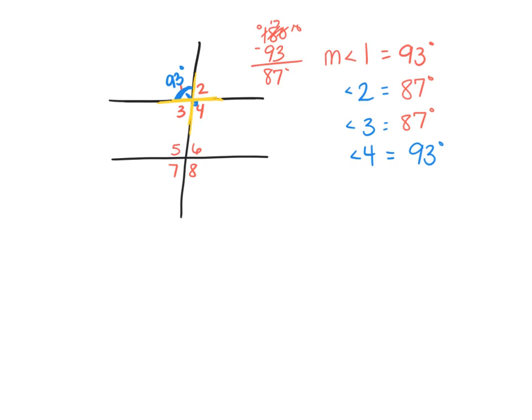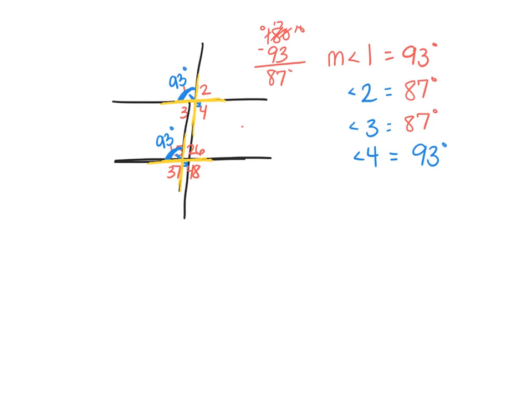So I could take angles 1 through 4 and just slide them straight down here, and you'll see what matches up with what. Maybe a little hard to see with the writing, I'll offset it a little bit, but angles 1 and 5 are going to be the exact same.